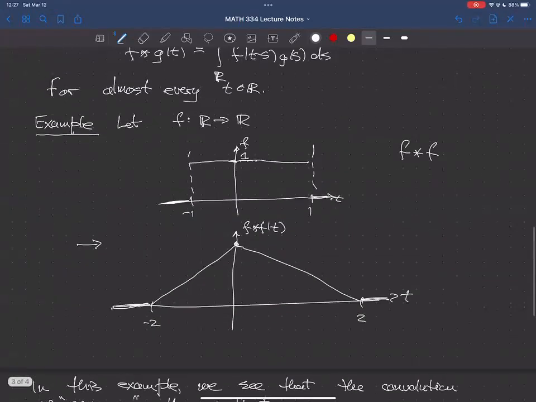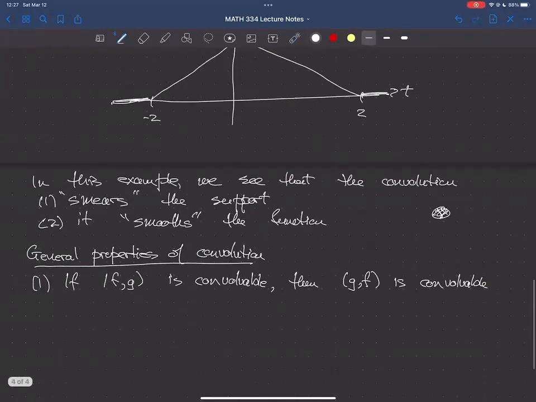Really the role played by f and g that's different is which one takes the t minus s argument and which one takes the s argument, but this just tells you it doesn't matter. And f star g is equal to g star f. So convolution, when it exists, is symmetric.